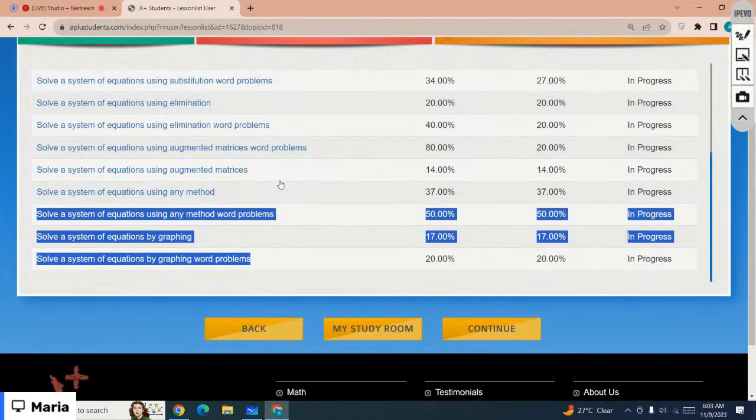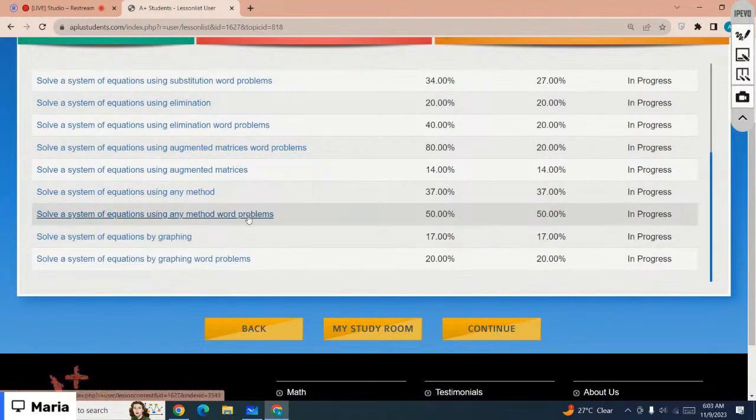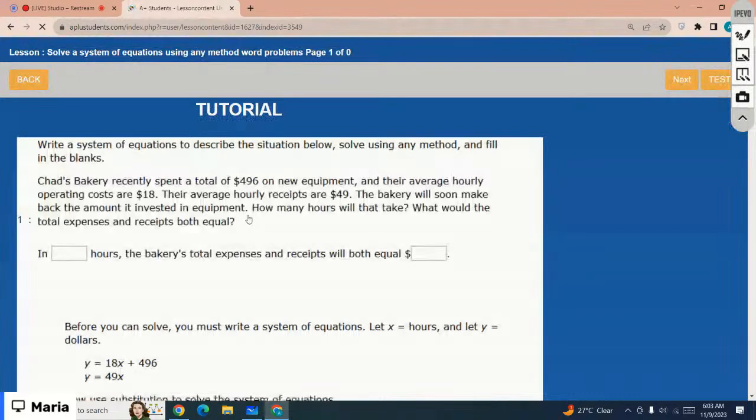So we are given the word problems. Okay, let's just start with the practice questions.